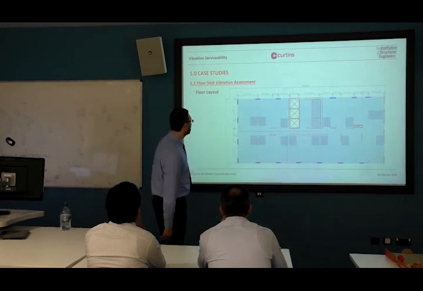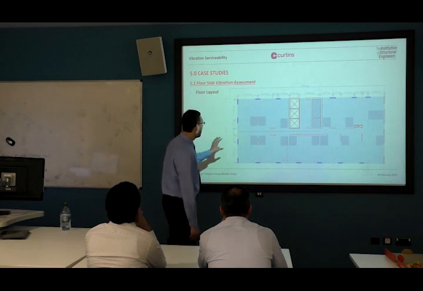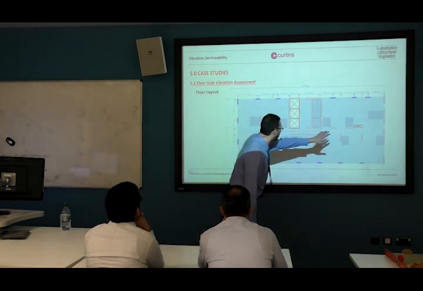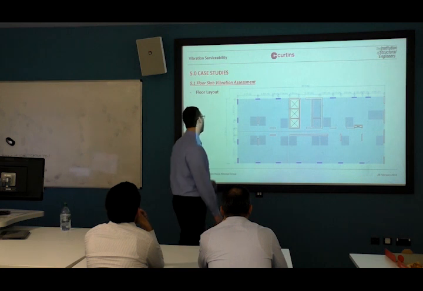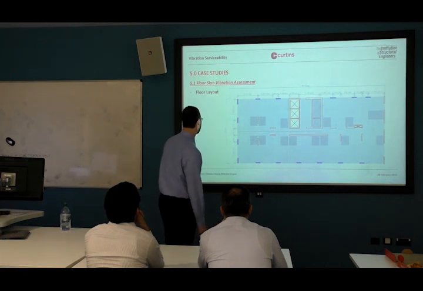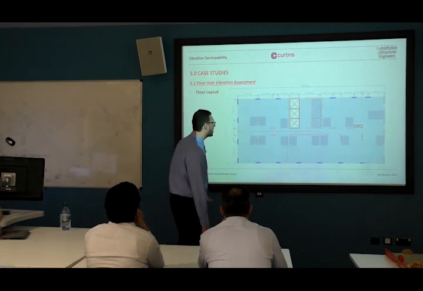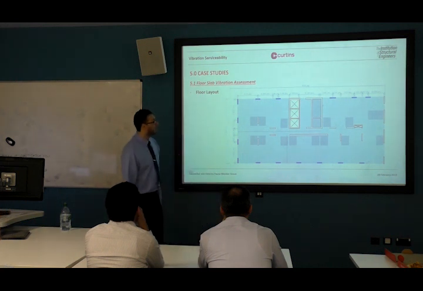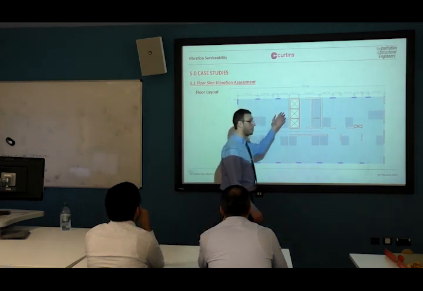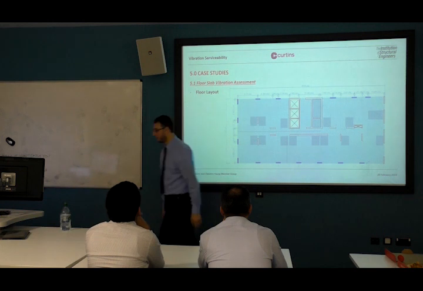The layout is very simple. We have columns around the corridor, and the span is about 6.5 meters, something, if not more. And we have an offset core, which is very bad for tall buildings, by the way.